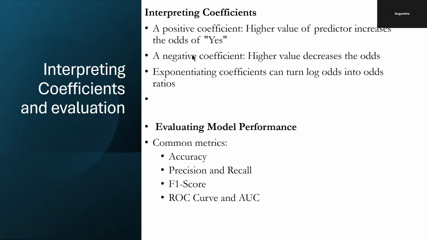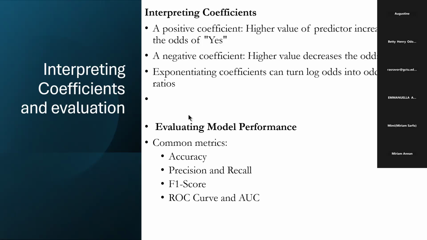If you get a positive coefficient, let's assume that your dependent variable is a yes or no. You can interpret it as: the odds of getting a yes increase when the predictor increases. If you have a negative coefficient, the odds of getting a yes decrease when the predictor variable increases.